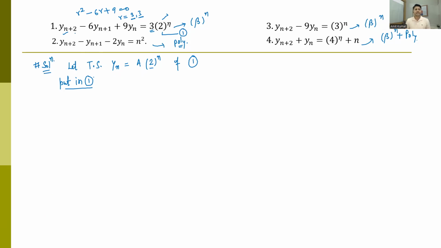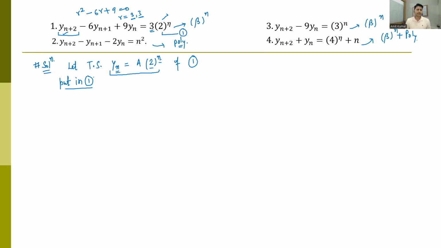Put these terms in the first equation. The first is y of n plus 2. We have the value of yn, so in place of n, put n plus 2. Here y of n plus 2 comes out as a into 2 power n plus 2.